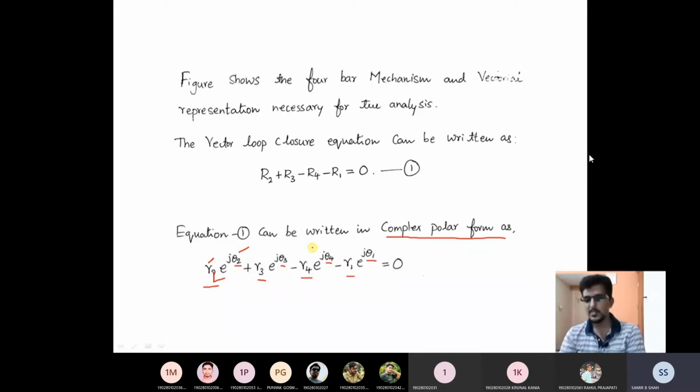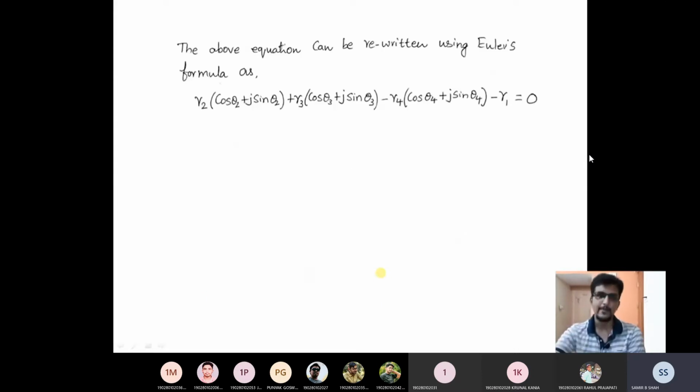So now I know Euler's equation from trigonometry, where I can write e to the power of j theta as cos theta plus or minus j sin theta. So wherever I find e to the power of j theta here, I am going to replace it by cos theta plus j sin theta. Let us do that exercise in the next slide. So I had r2 e to the power of j theta 2, and that has been replaced by cos theta 2 plus j sin theta 2.